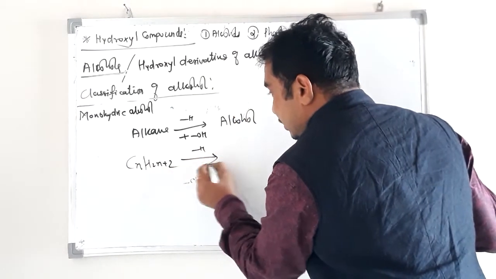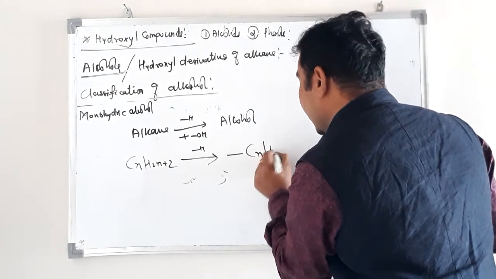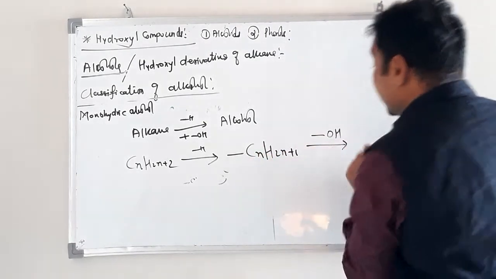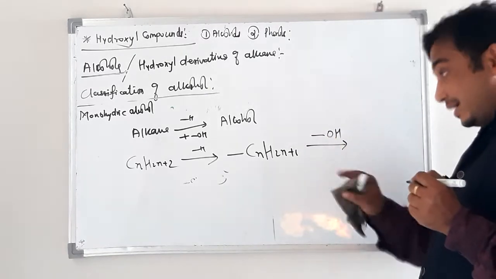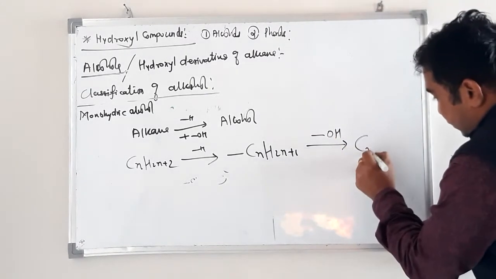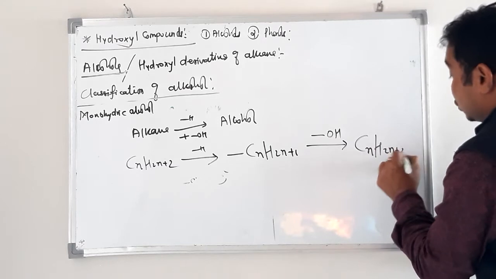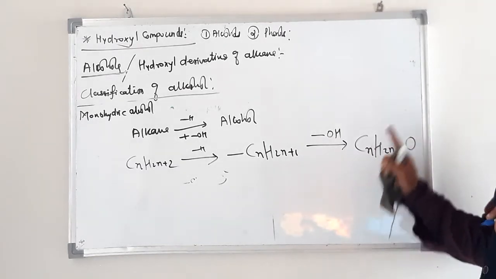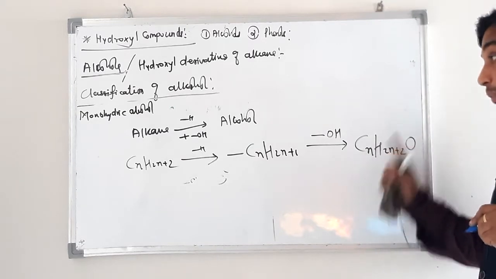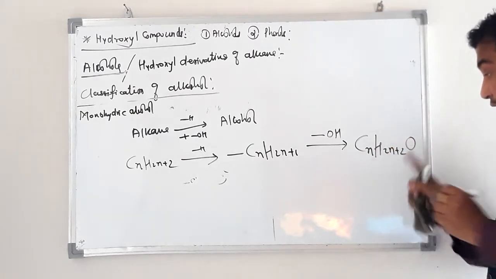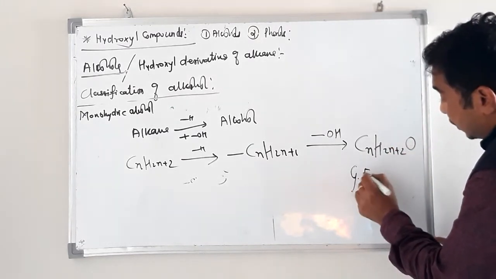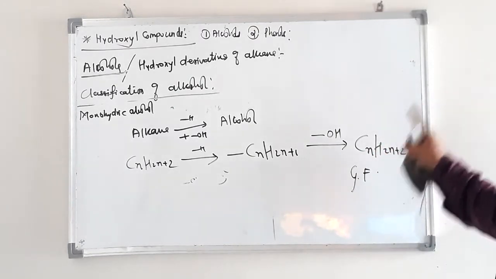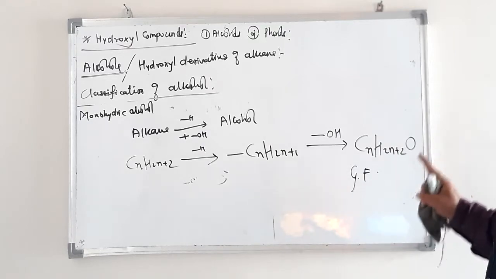Remove one hydrogen means alkyl group, CnH2n+1. Then attach one OH group. The OH group contains one oxygen and one hydrogen. So you will get CnH2n+2O. This is the general formula for monohydric alcohol obtained from alkane. General formula of monohydric alcohol: CnH2n+2 with 1 oxygen.